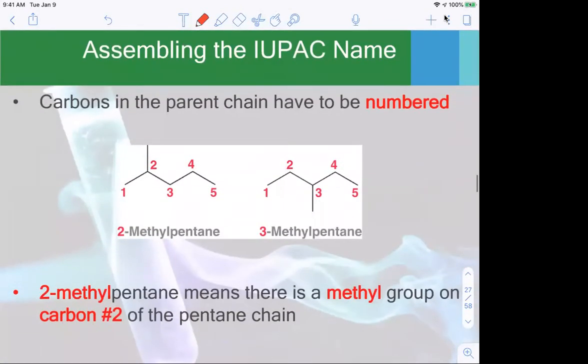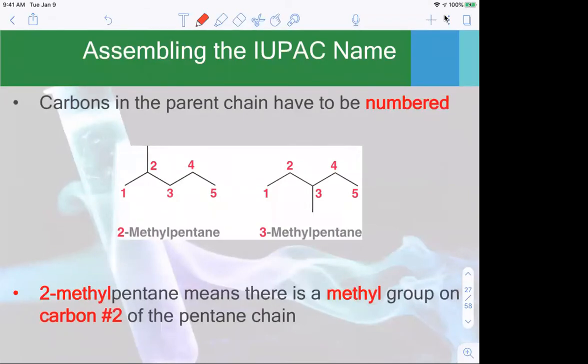So to put the whole name together, I am going to number the longest carbon chain. So if I look at these two, I have my methyl group on carbon number 2. So I do 2-methyl. These are constitutional isomers, and you can tell that because here on the 3rd carbon, I have that methyl group.